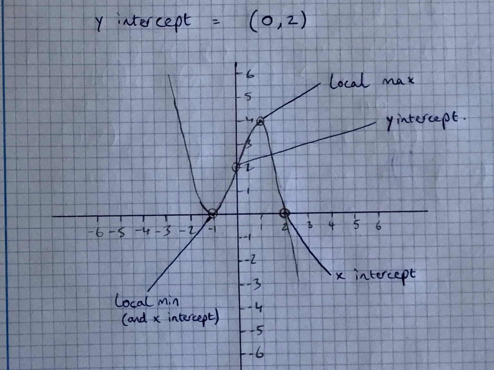The function is increasing where the line is going upwards. So where do you see the line going upwards? It goes upwards when I get from minus 1 to 1. So between the local minimum and the local maximum is where the function is increasing.